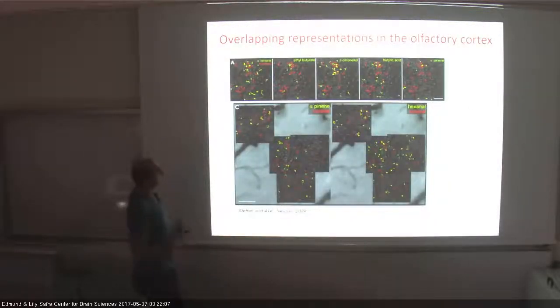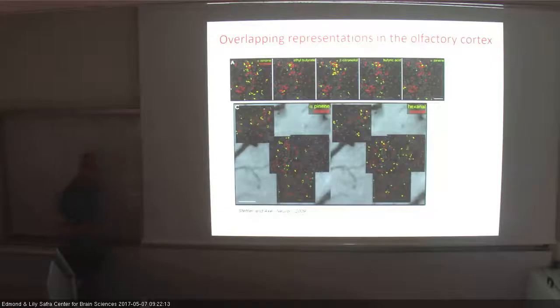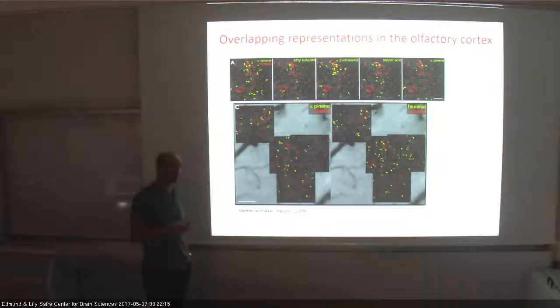And if you superpose the responses to different odors, you see that indeed there is overlap. So there is a considerable fraction of cells that respond to more than one stimulus. You can see it here in these images. The neurons that respond to octanol are shown in red, and in each different panel you have also the responses in green to one of 5 other different stimuli.